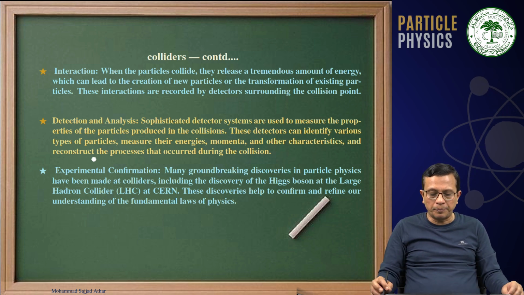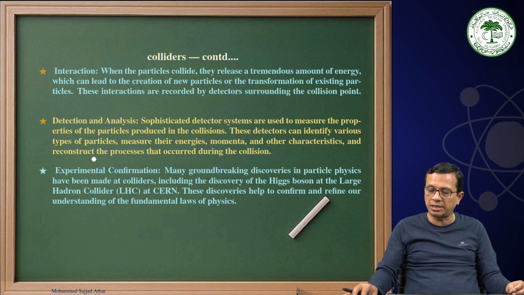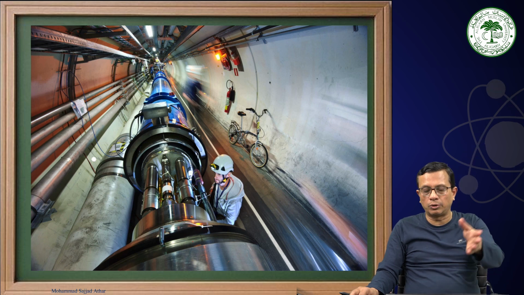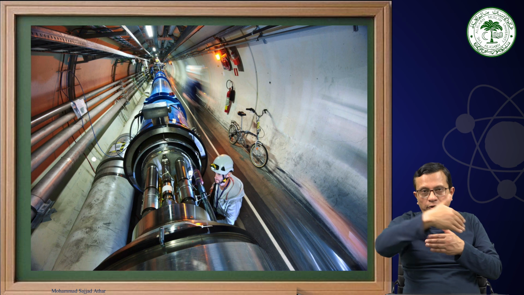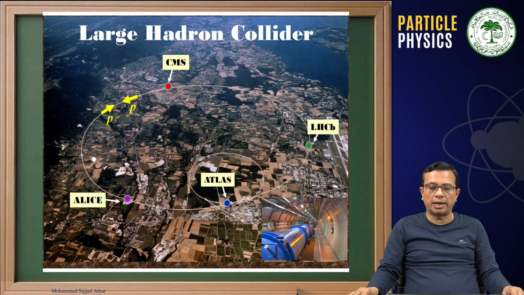Therefore, through experimental confirmation, many groundbreaking discoveries in particle physics have been made at colliders, including the discovery of the Higgs boson. These discoveries help to confirm and refine our understanding of the fundamental laws of physics. Therefore, this is a look of a colliding beam experiment, and this is how you are accelerating a particle in one direction, and then you have another from the opposite direction, and then you are talking about the collision that is taking place.